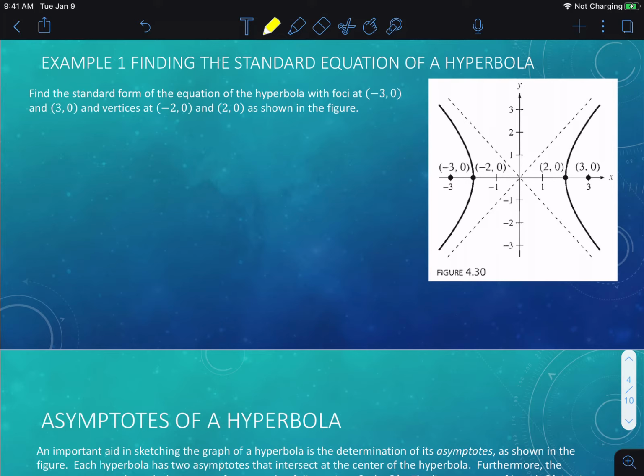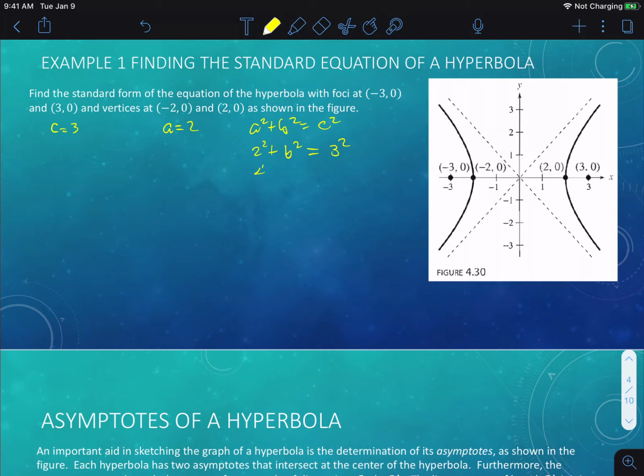So this is going to tell us then that little a is equal to 2 because the vertices are 2 away, and that little c is going to equal 3. So if we want to figure out what b is going to be, that's going to be pretty simple because we know a squared plus b squared equals c squared. So let's just go ahead and fill those pieces in. We've got 2 squared plus b squared, which we don't know, is going to equal 3 squared.